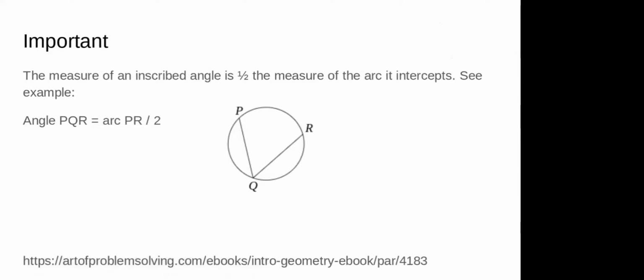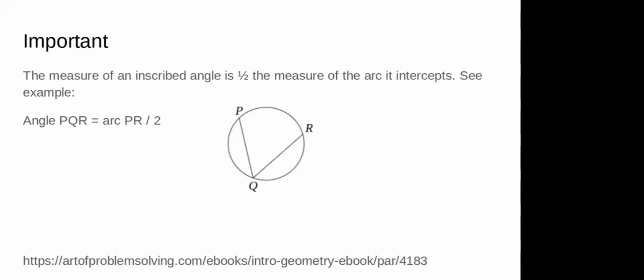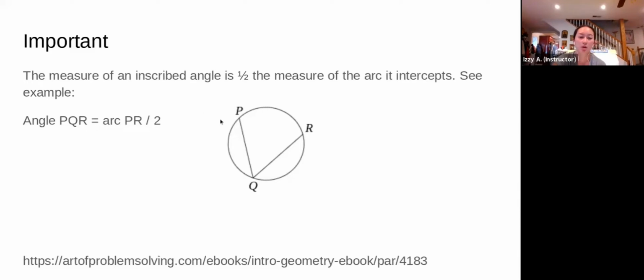What do you mean by it? What's your question? I'm asking, what does angle PQR equals arc PR over 2 quite mean? So the measure of PQR is going to be equal to the measure of arc PR divided by 2.